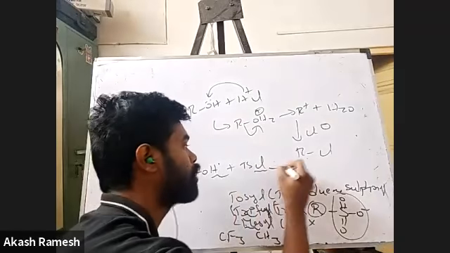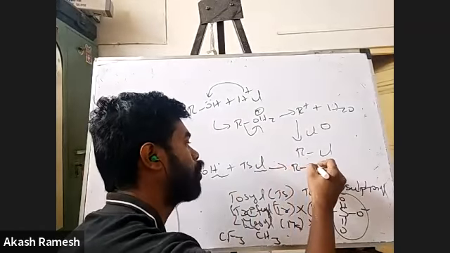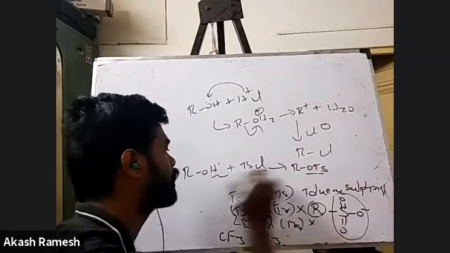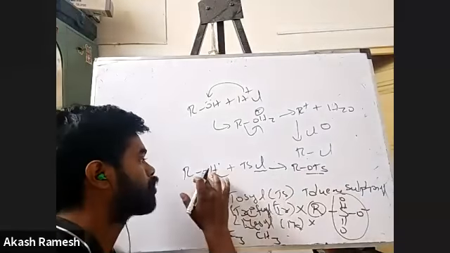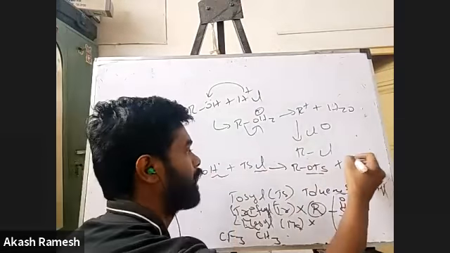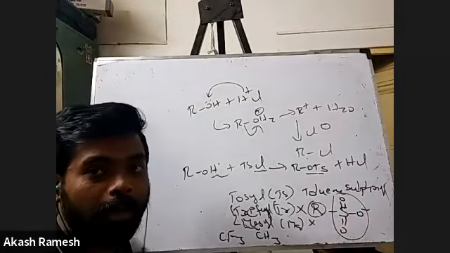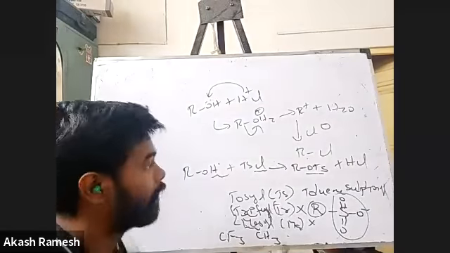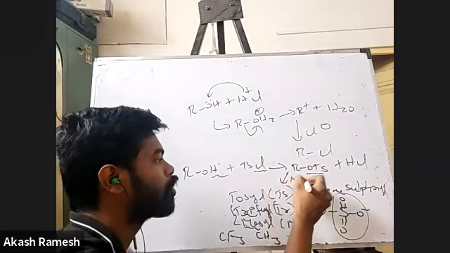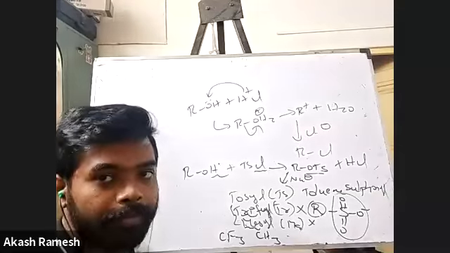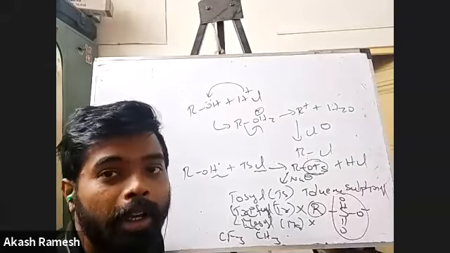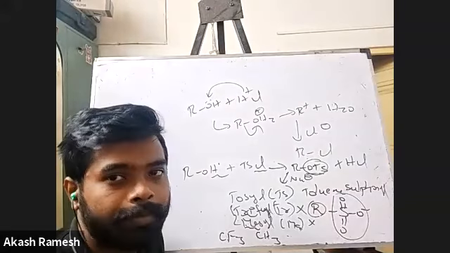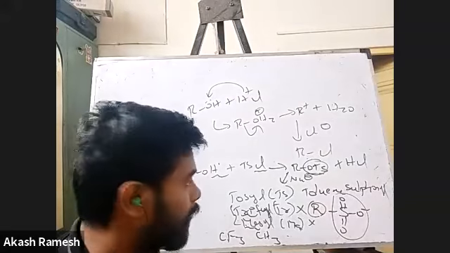So what you have here is ROTs. This sulfonyl group will attach to the oxygen, and H plus and Cl minus are removed to become HCl. Then you can do any nucleophilic substitution, because this is a very good leaving group. The OTs group is a very, very good leaving group.